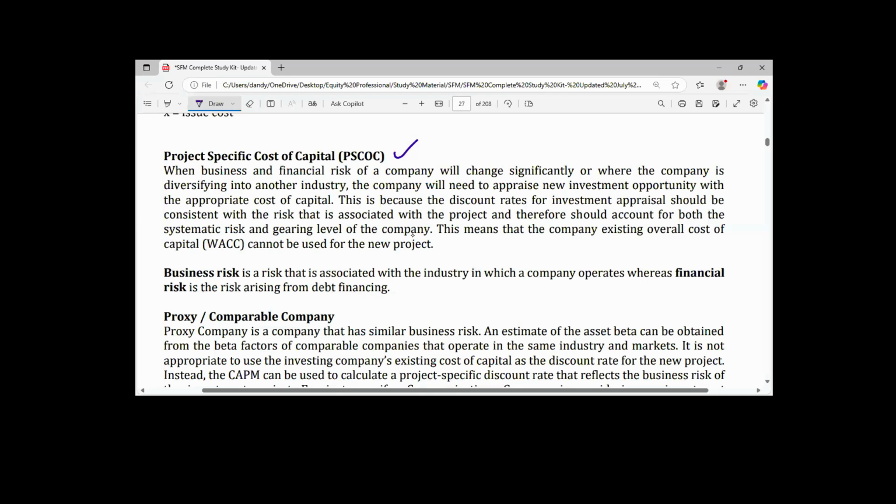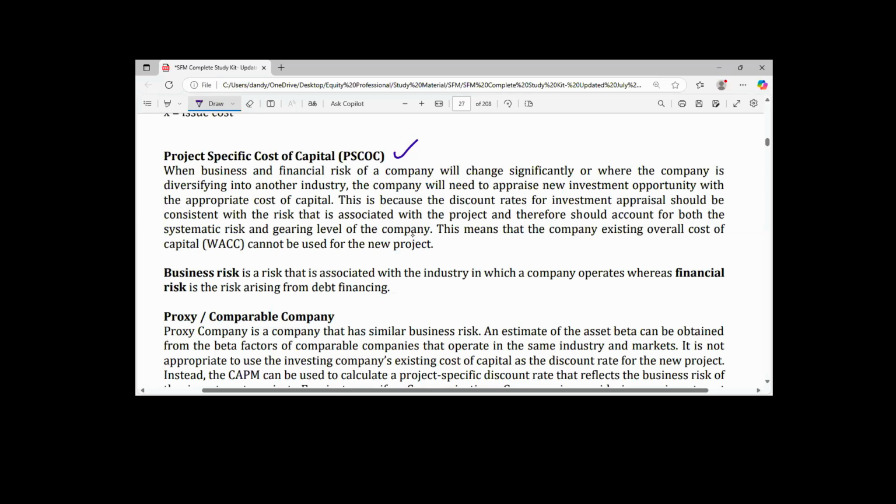Now, on the day of your exam, once you can see indication in the question that the company is diversifying, you need nobody to tell you that you are going to calculate project-specific cost of capital. You are going to see it in the first paragraph of the question, where the examiner will tell you that company XYZ PLC, a manufacturing entity, is contemplating going into the production of whatever.